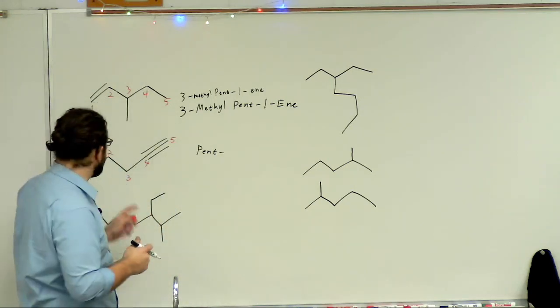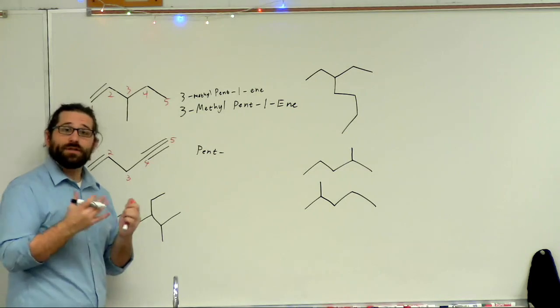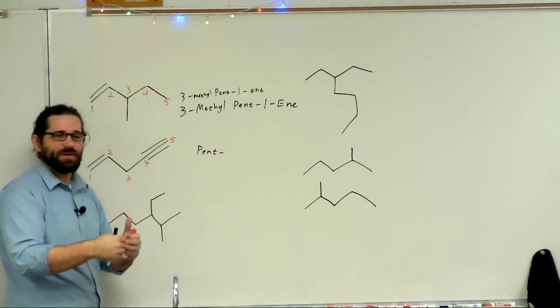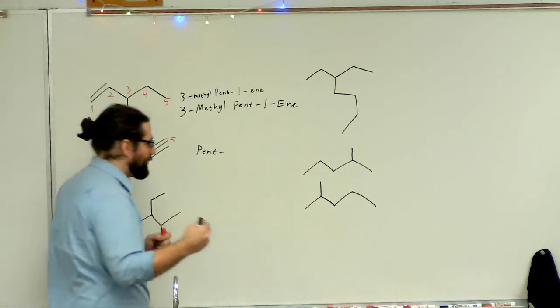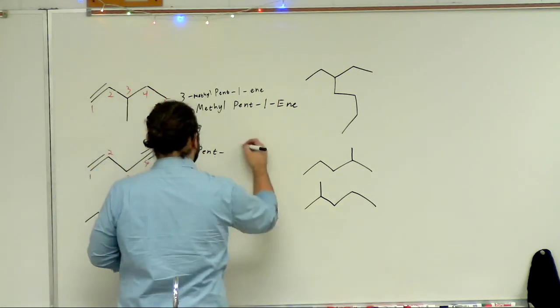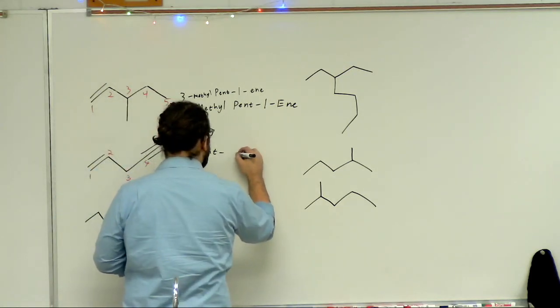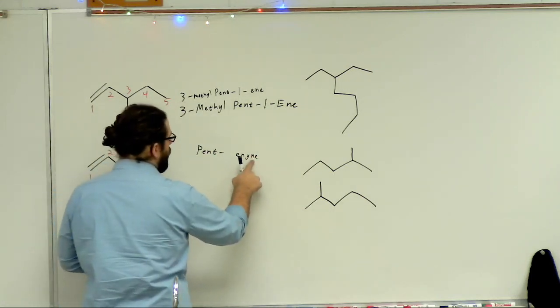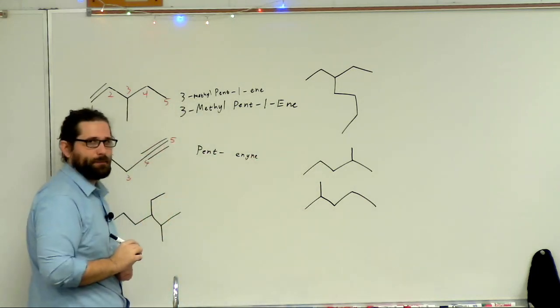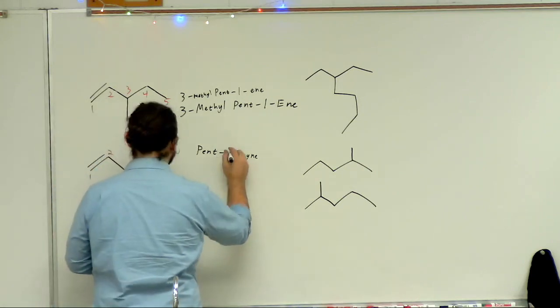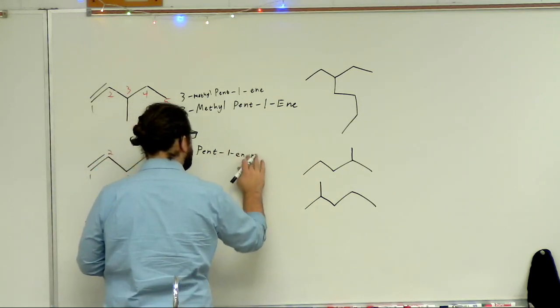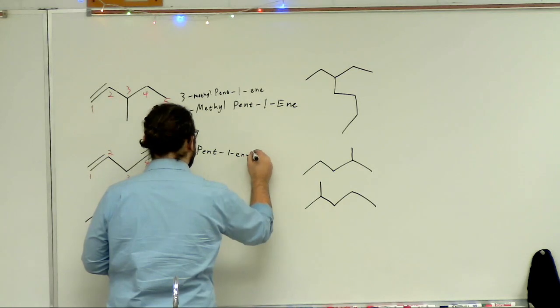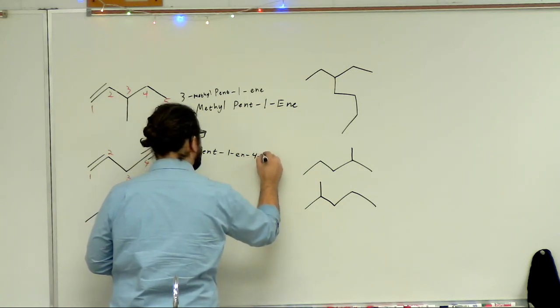But we still need to identify that there is a double bond there. And so I kind of mix these two together and make a Frankenstein name. So pent, and it's going to be N-yne. It's going to look like that. But I still need to put the numbers in here. So I've got here pent 1, N, and then 4, yne.